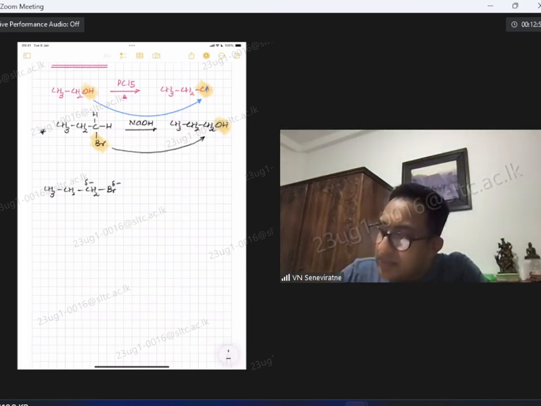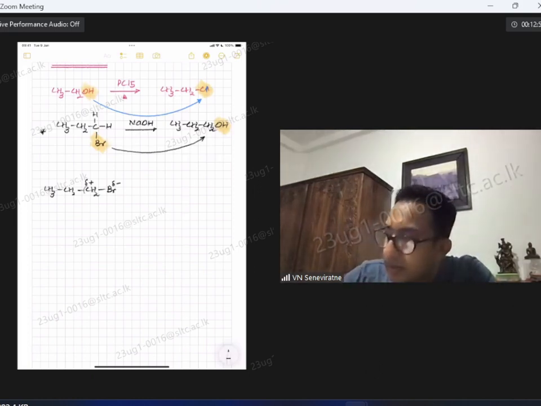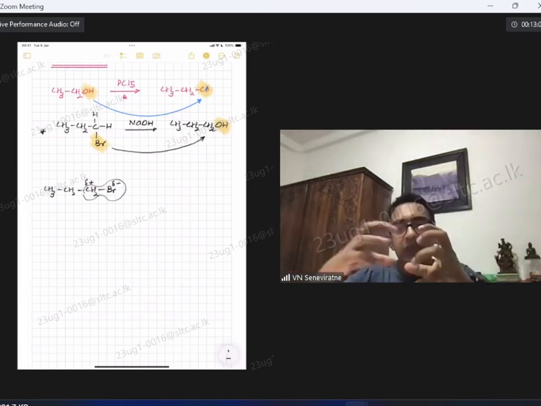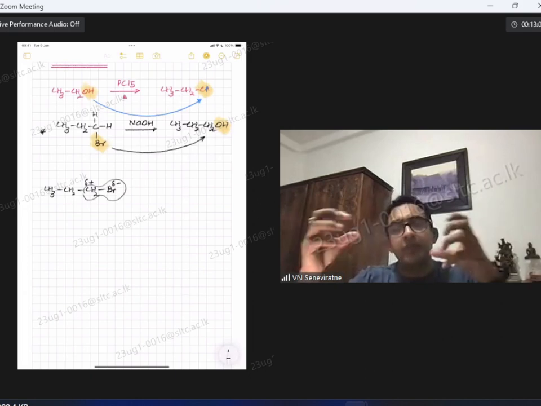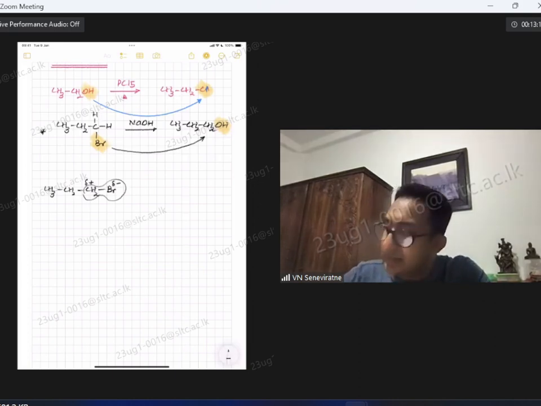When you look at the carbon-bromine bond, there is an electron cloud forming it, and bromine withdraws electrons towards its side.